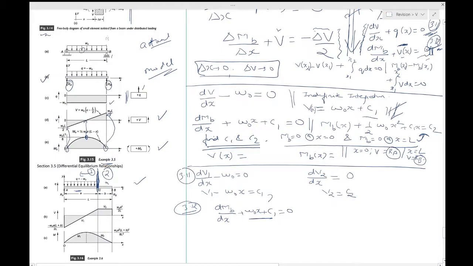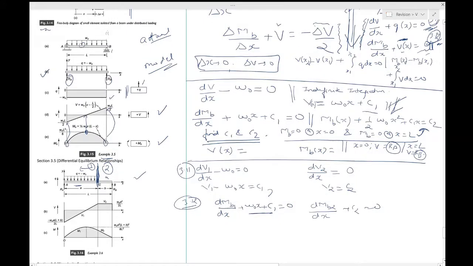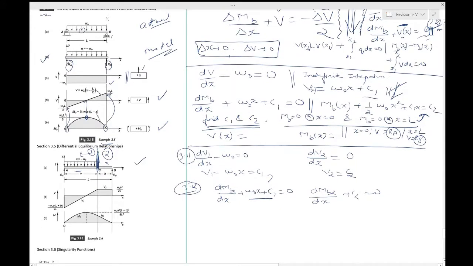Then you have the other part, dmb2 by dx plus c2 is equal to 0, and you will now get mb1 and mb2.